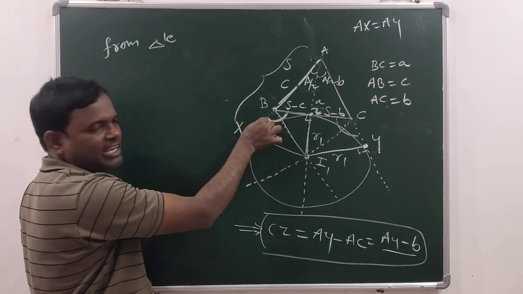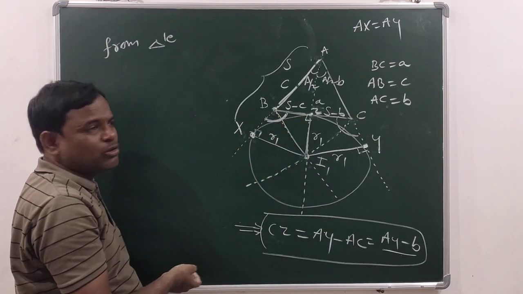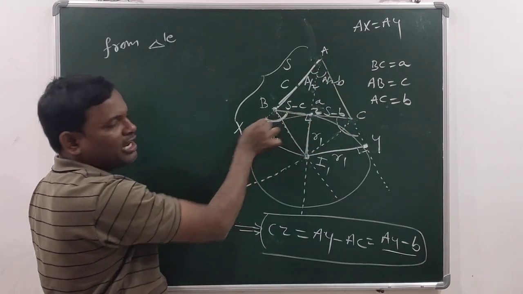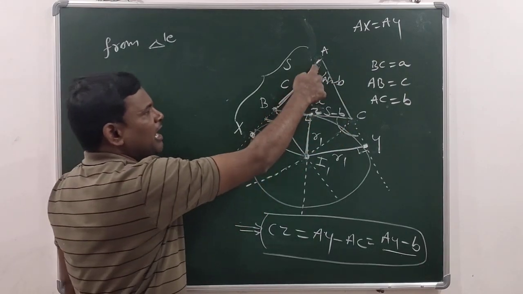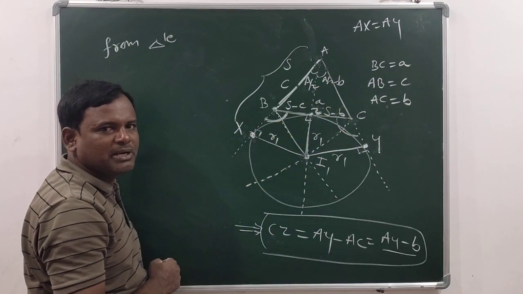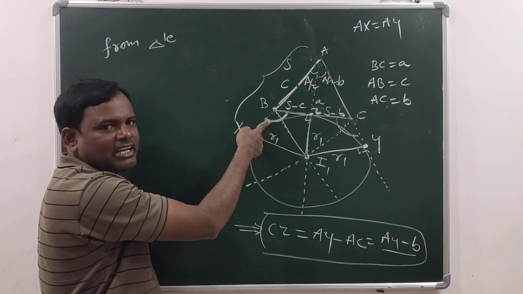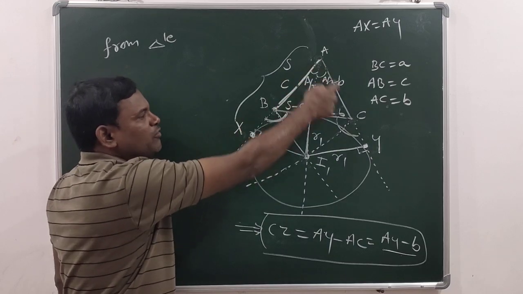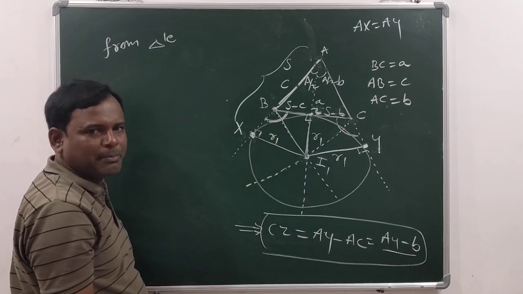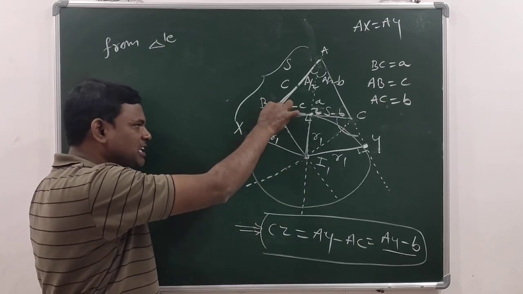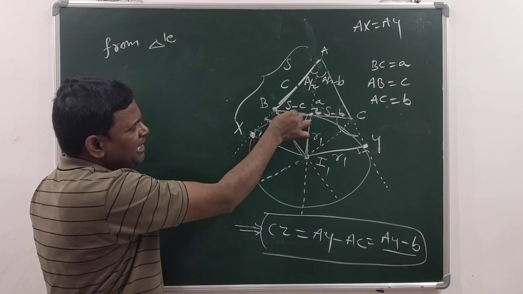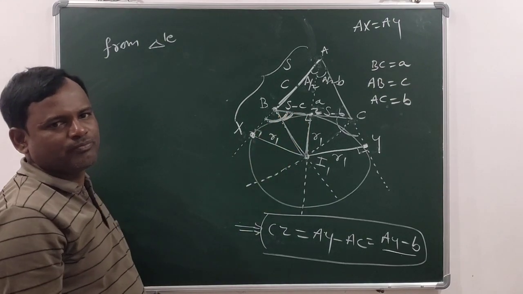This is an exterior angle. Exterior angle is equal to the sum of two opposite interior angles. This total angle measurement will be angle A plus angle C. You know, you read this in plane geometry. Exterior angle is equivalent to the sum of two opposite interior angles. Means this total measurement will be A plus C. But this is the exterior angle, no? Hence, this angle will be A plus C by 2.